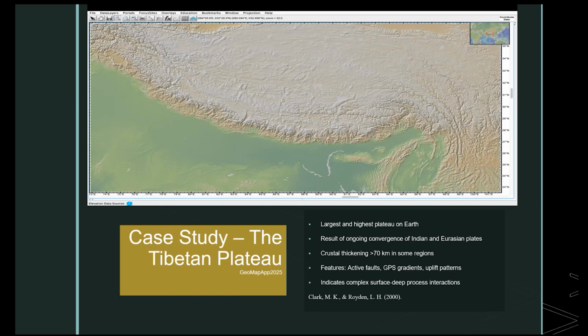It is the largest and highest plateau on Earth, I would say, formed by the ongoing India-Eurasia collision. Some areas show crustal thicknesses exceeding 70 kilometers. Features like active faults and GPS-tracked uplift patterns suggest complex interactions between surface and deep processes.